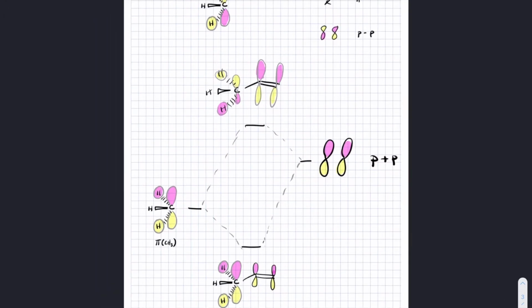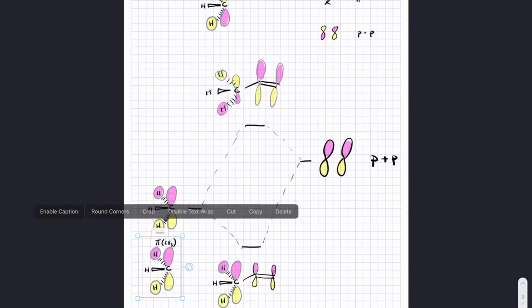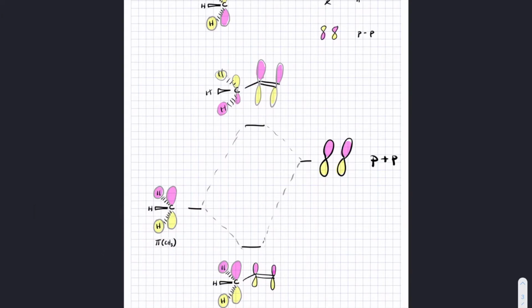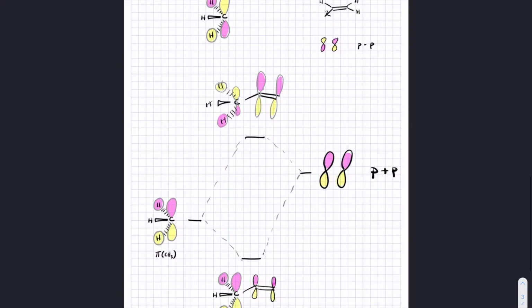So we are mixing this pi orbital with this p plus p orbital. We'll mix those two together in phase and out of phase. We won't change any of the phase relationships within each group yet. So in this case, they overlapped in phase, and this is out of phase, where there's a node right there.